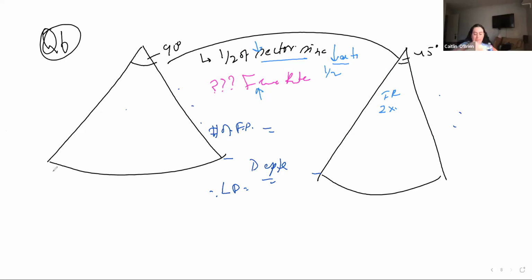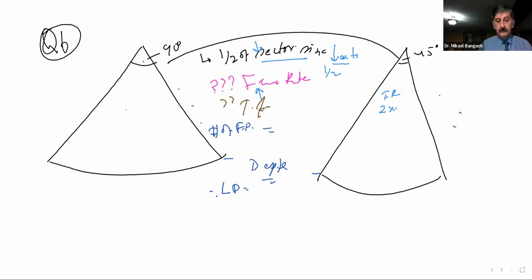Yes. Had it been the same question, the same detail saying the sonographer changes the sector size from 90 degrees to 45, everything remains the same, and what happens to your frame time? First, your frame time will decrease.